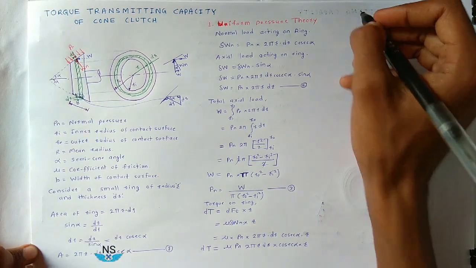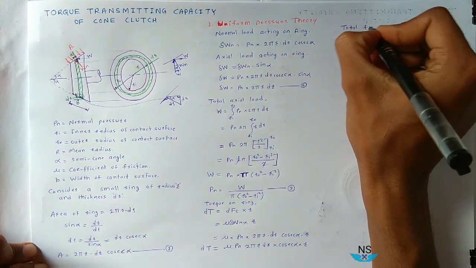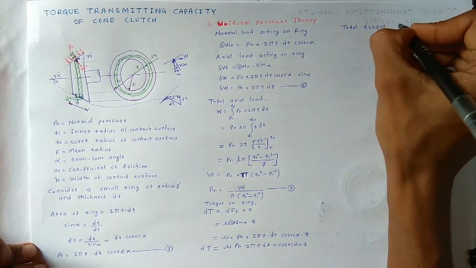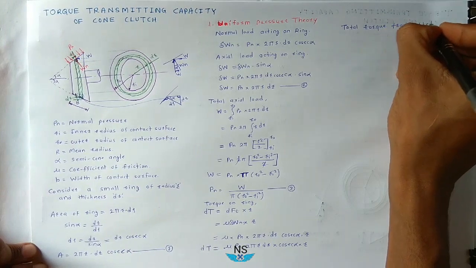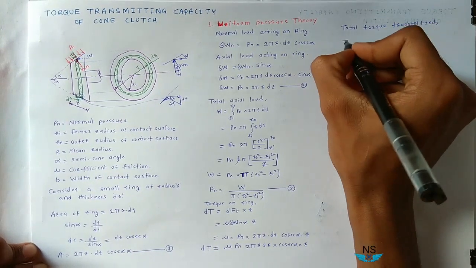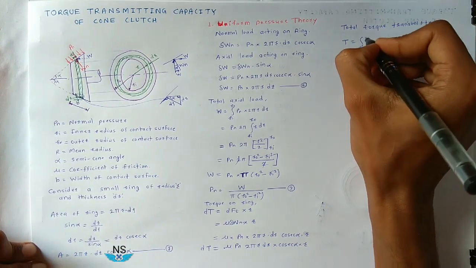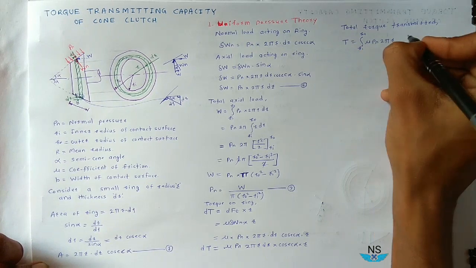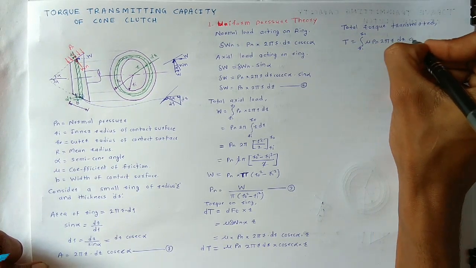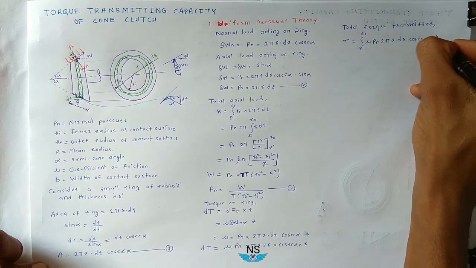Now we require the total torque transmitted. So T is equal to the integral from Ri to Ro of mu Pn 2 pi r dr cosec alpha into r.